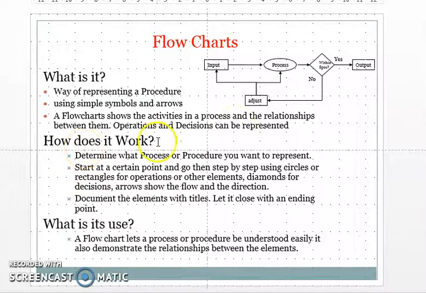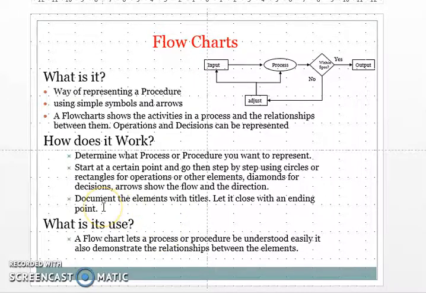How does it work? Determine what procedure you want to represent. Start at a certain point and then go step by step using circles or rectangles for operations and other elements, and diamonds for decision making, and you have to use arrows for showing the flow and the direction.